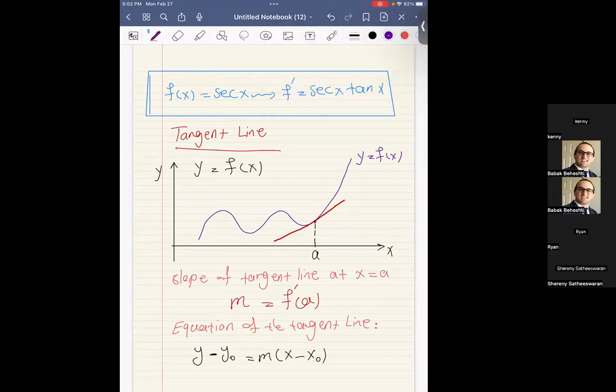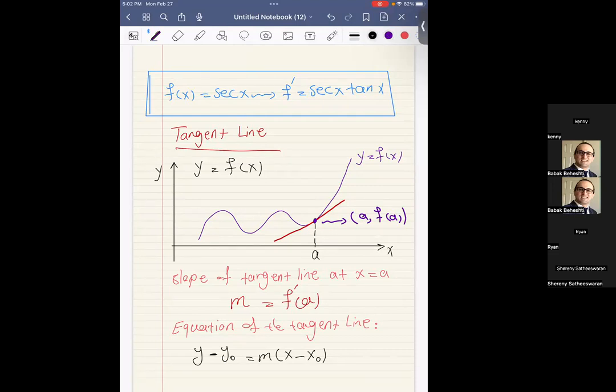So this point here is the point a, f of a. The x coordinate is a, the y coordinate is f of a, right? So we can use a and f of a as x0 and y0.